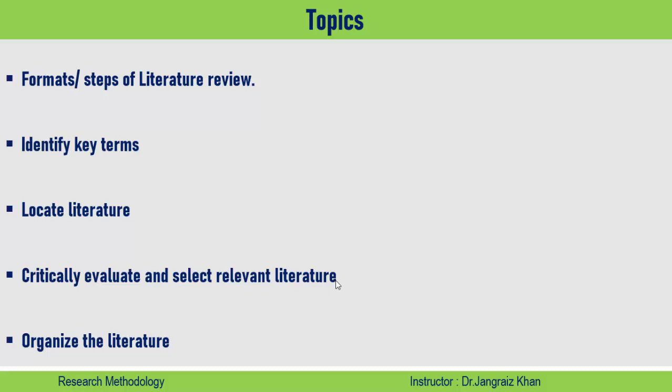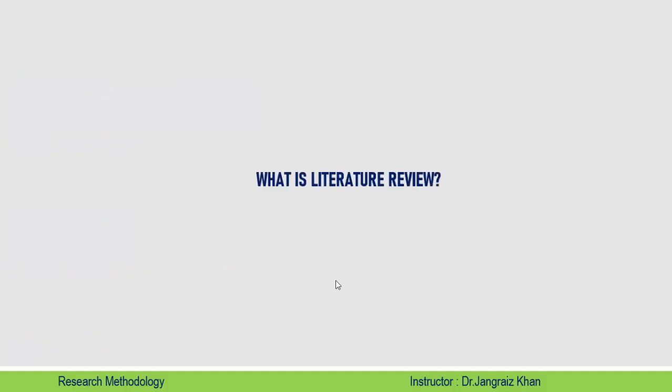Once you locate the literature, whether you find it in the library or on the internet, from the journals, the next step is to critically evaluate and select the relevant literature. After this, we organize them, and then write the literature review. So before coming to the steps of literature review, let's discuss what literature review is.